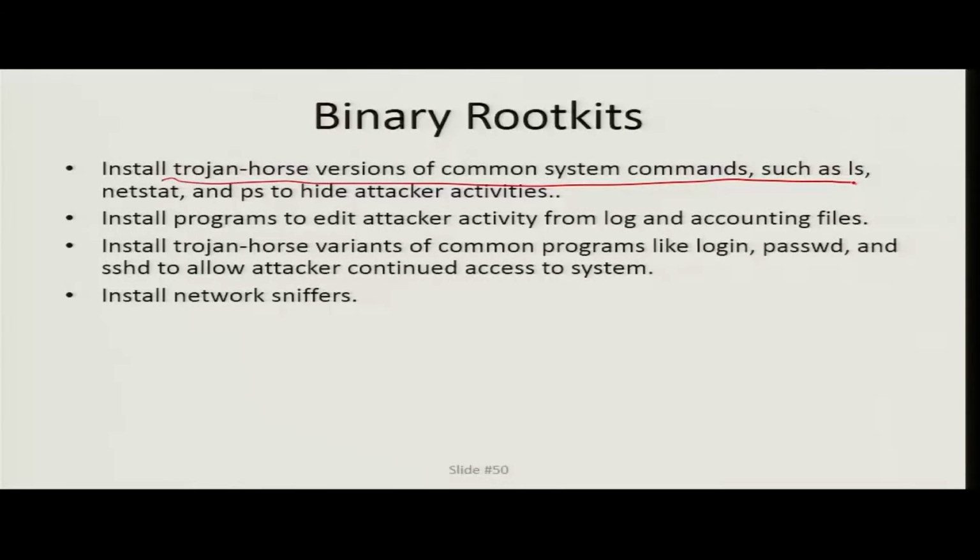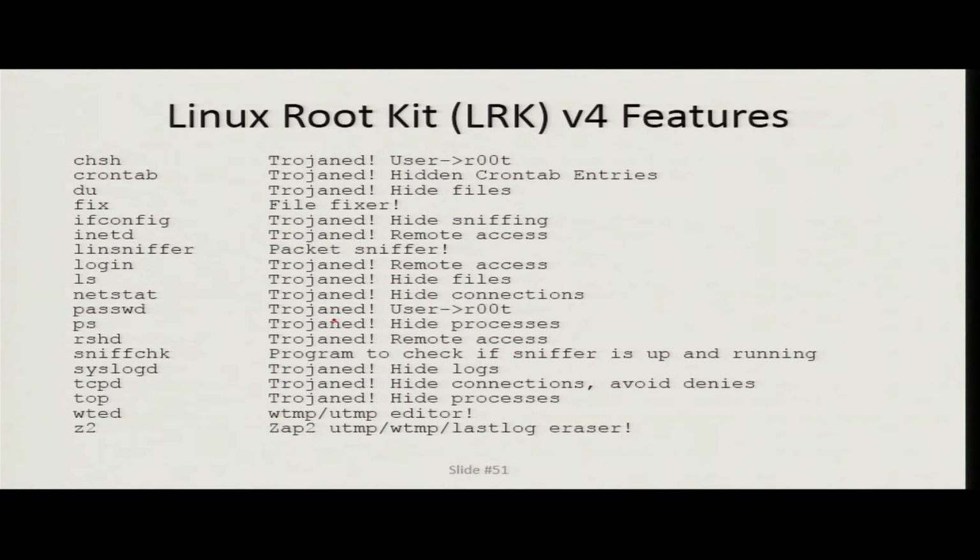They also install programs that will edit the loggers and accounting files, and login, password, SSHD are also replaced by their version, and they might also install network sniffers to look at the network activities, and since they are in your system, and if your system is communicating with servers and so on, they can actually use a lot of this information for various purposes.